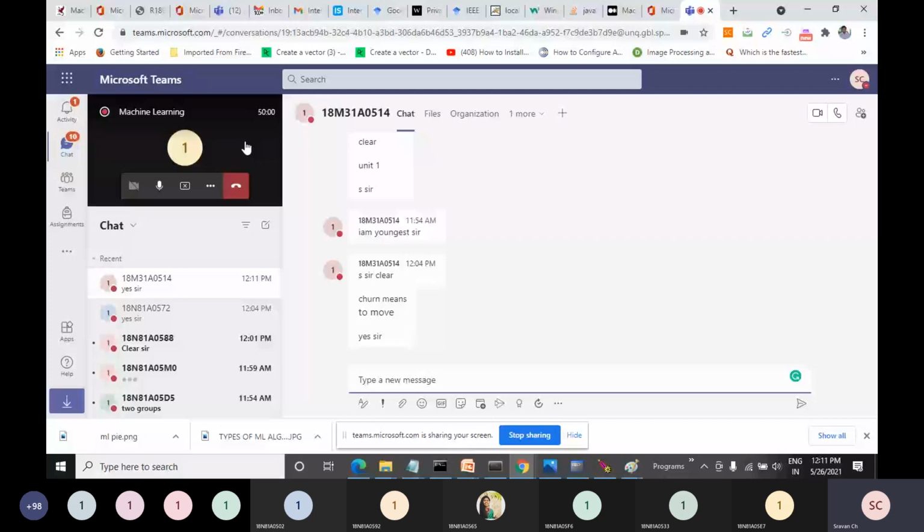Okay, if you think all 13 are important, then comes the question: are all 13 parameters equally important? So one says no, sir, and another says yes, sir. The point here, my dear friends, is that it all depends on the data set.